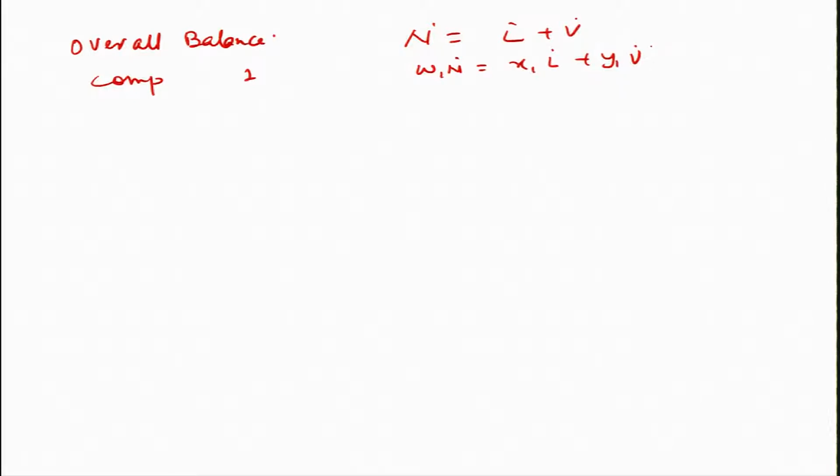Overall balance: N dot is equal to L dot plus V dot, and let us say component 1 balance, we do z1 N dot is equal to x1 L dot plus y1 V dot. Okay. So, there are 4 unknowns.